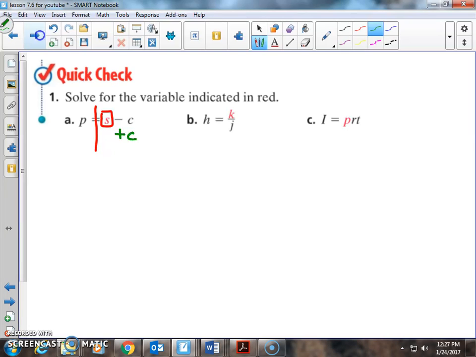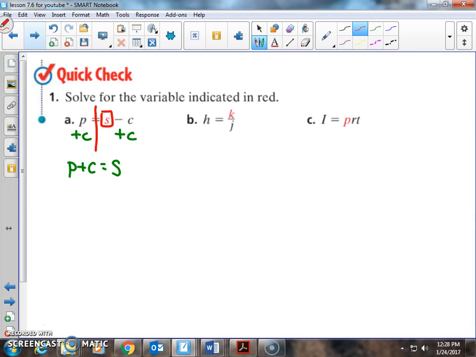We're going to add C. On this side, the left will have P plus C, and that will equal S. We have now solved for S. What that means is we have S all alone on one side of the equation. S is equal to P plus C. We don't know what number could take the place of P or C or S, and in fact we really don't care. What we wanted to do was solve for that letter. Get the letter S all alone, which we did.